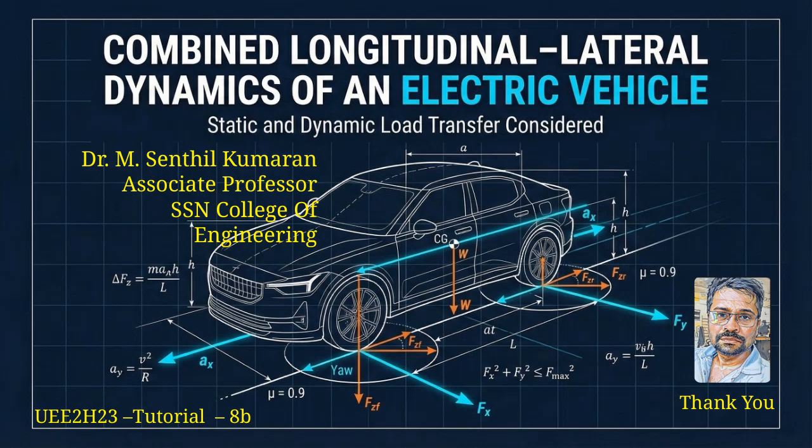In this study, we analyzed the combined dynamics of a rear-wheel drive electric vehicle during cornering and acceleration. By including both lateral and longitudinal load transfer, we observed how vehicle weight shifts dynamically between wheels. Because tire forces are limited by friction, the inside rear wheel reaches its friction limit first. The friction ellipse concept clearly demonstrated that lateral and longitudinal forces are coupled, and increasing one reduces the available capacity for the other.